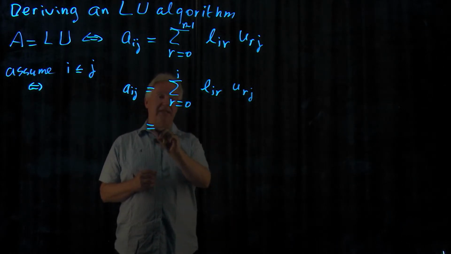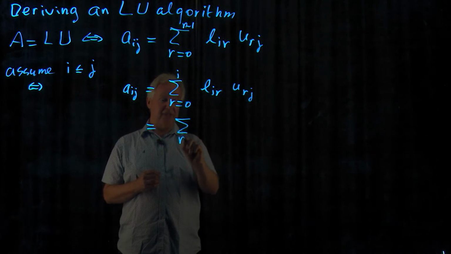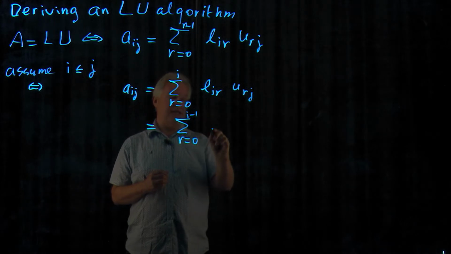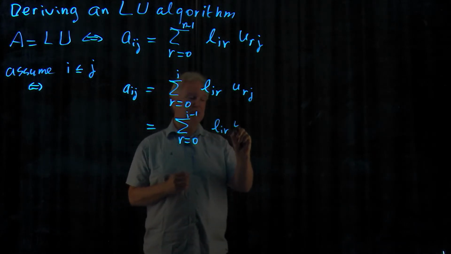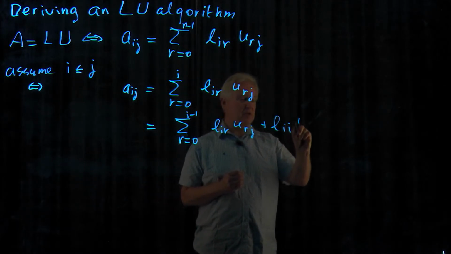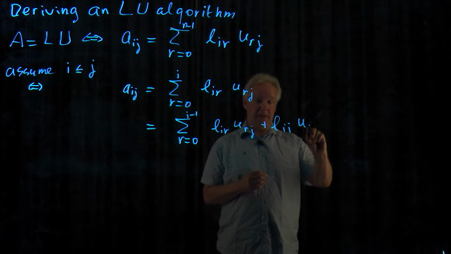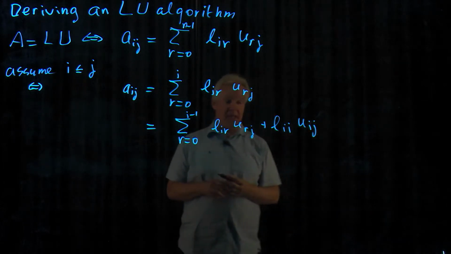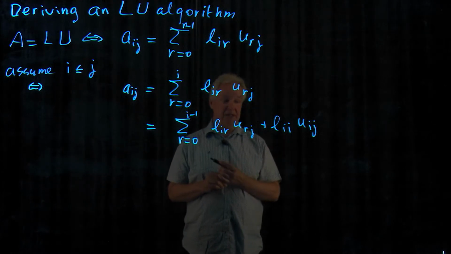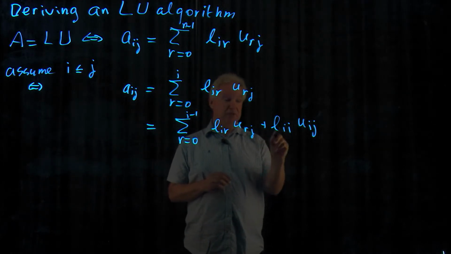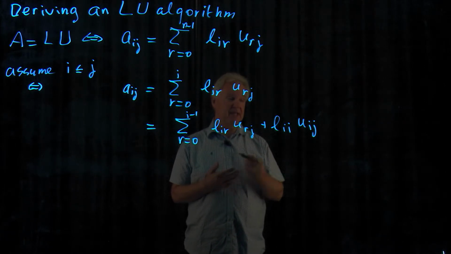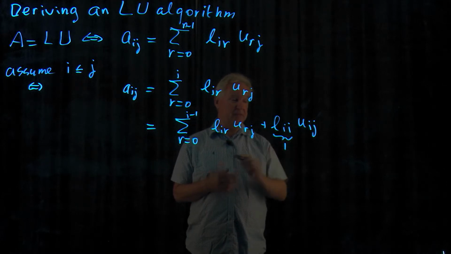We can then write this slightly differently: the sum from r equals 0 to i minus 1 of Lir Urj, plus Lii Uij, where we have separated out the term with i equals r. But we also assume that L is a unit lower triangular matrix, so Lii equals 1.